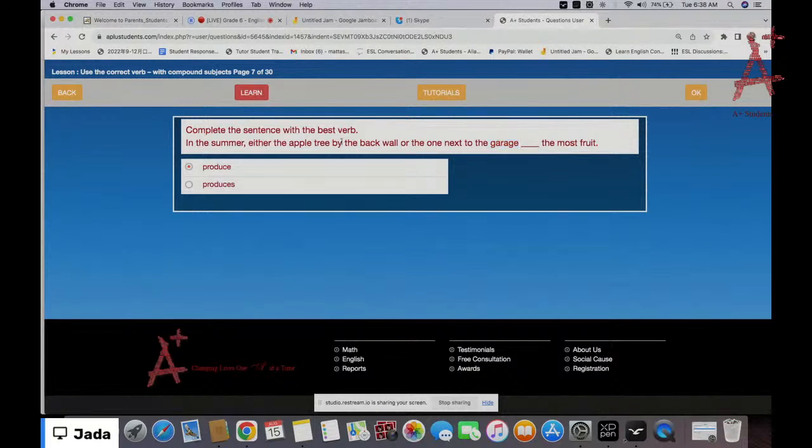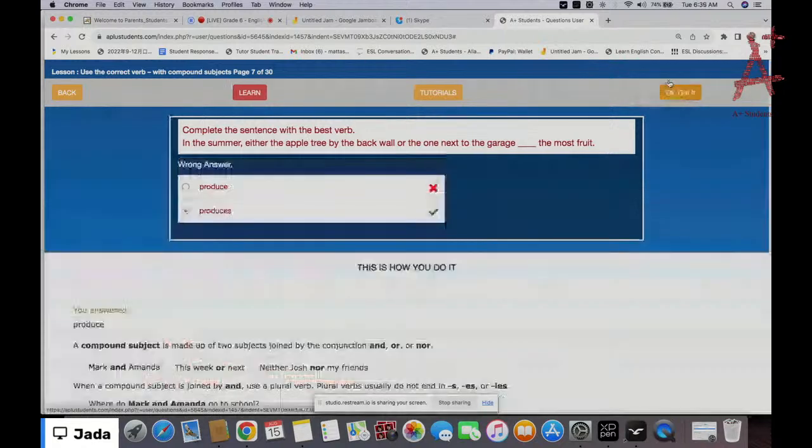Okay, we click on the first one. Okay, so now this one is wrong. Why? Because it says the garage, right? And it always tells you that if you have or, nor in the compound subject, you need to make sure that you check the subject closest to the verb.